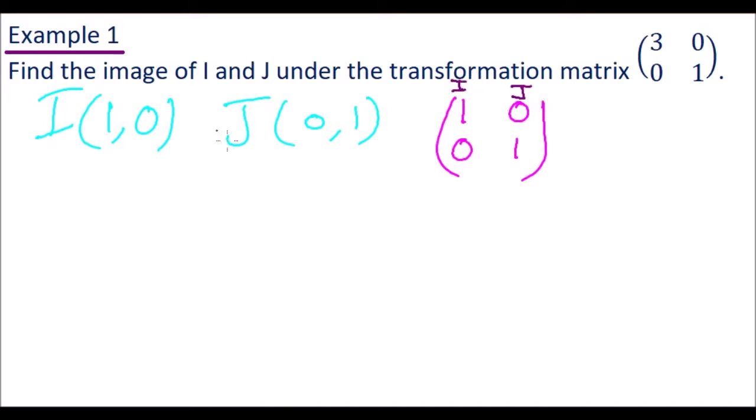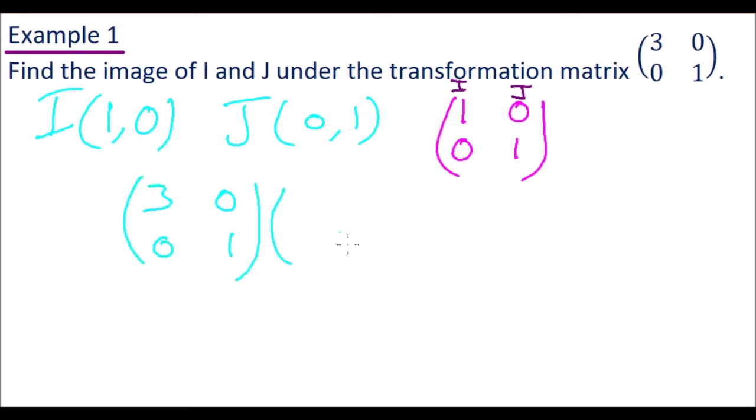Now, this is the matrix formed by the object, that is of the I and J, which are part of our unit square. So for us to get the image of the unit square using this transformation matrix, we write our transformation matrix, which is 3, 0, and we have 0, 1.